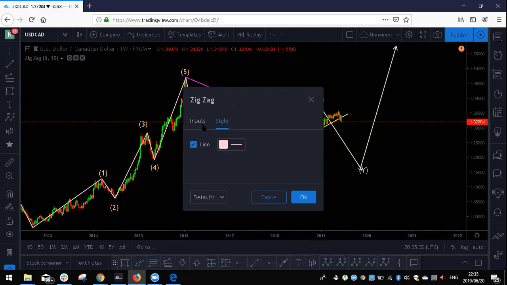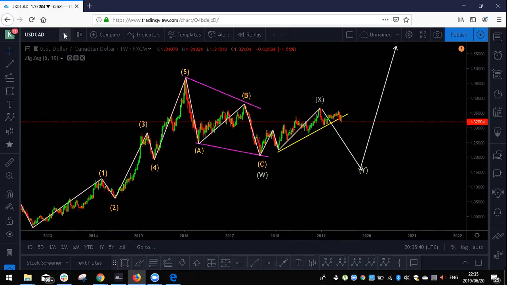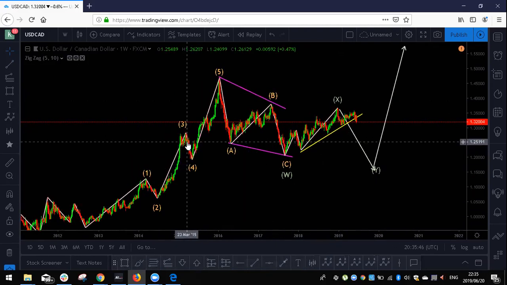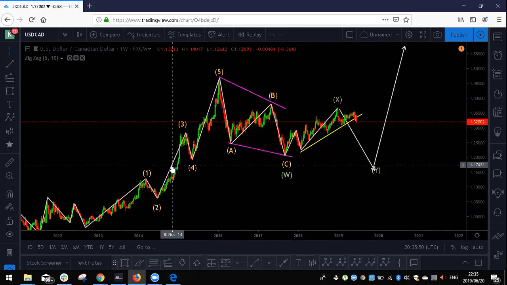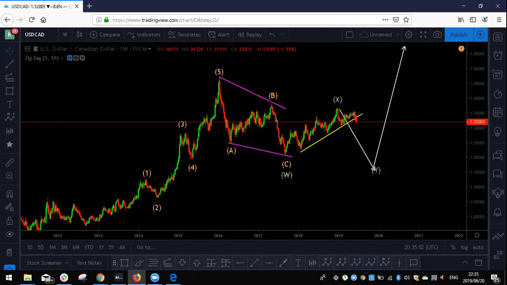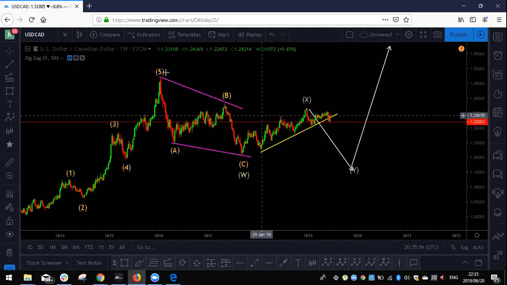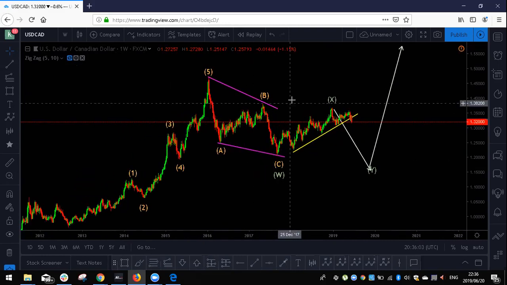Let me clean up. This is the weekly time frame. Now that we have numbers, we can hide this zigzag. You remember when we started, I said as Elliott Wave traders, our trend lines are a bit different.